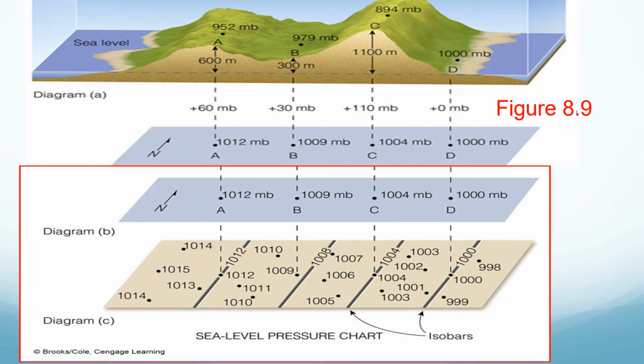With its isobars, the bottom chart, chart C, is now called the sea level pressure chart, or we can simply call it a surface map. When weather data are plotted on the map, it becomes the surface weather map.